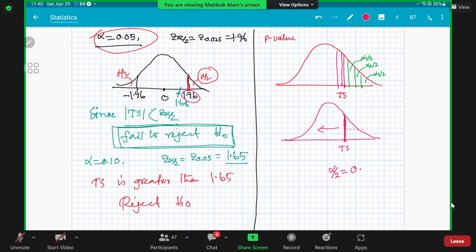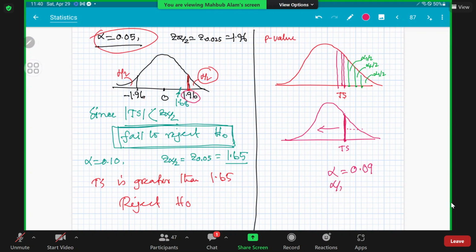0.10, we reject the null hypothesis, and say 0.09, not alpha by 2. This one actually is 0.09.